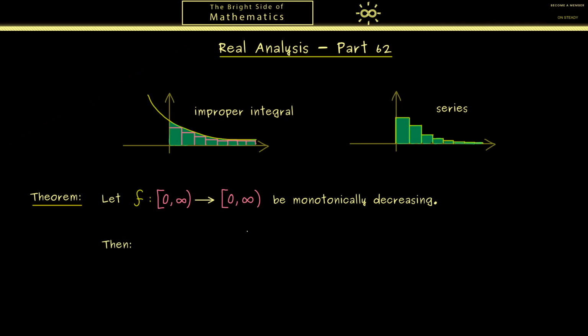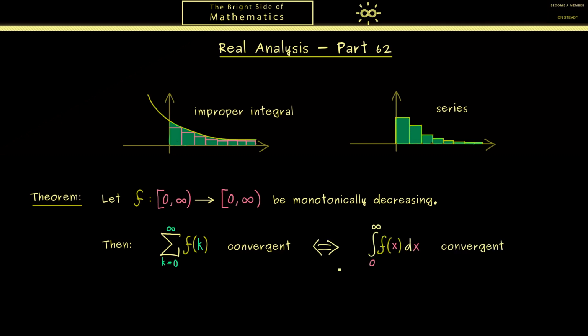Okay, that is all we need, and then we can conclude that the series from k equal to 0 to infinity of f of k is convergent if and only if the improper Riemann integral is convergent. Hence, if we know that this integral gives us a finite number, then the series also gives us a finite number, and vice versa.